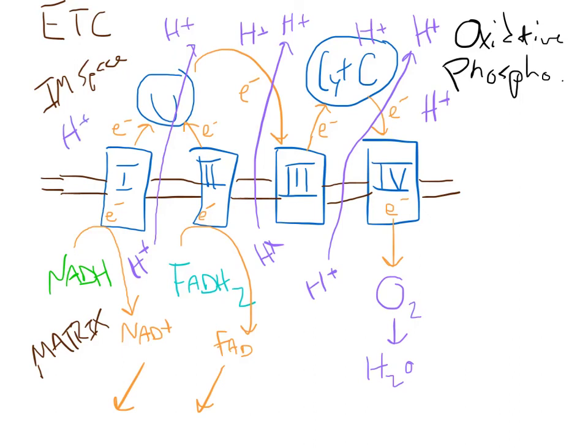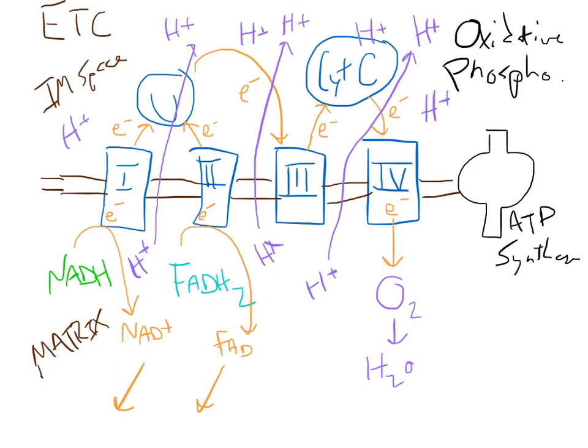Now because of that, that hydrogen wants to move back down its gradient so that it can get back to where there is a lower concentration. And it's going to do that by moving through another integral membrane protein enzyme called ATP synthase.